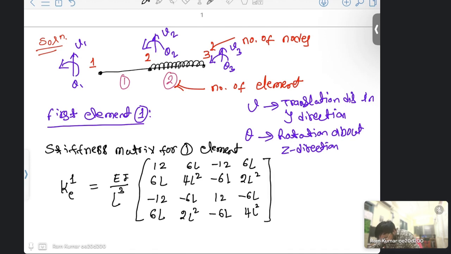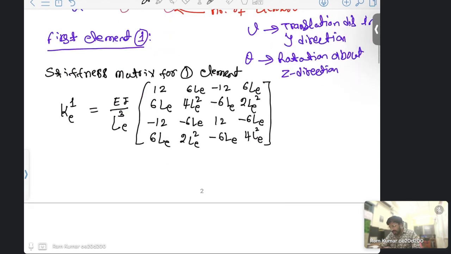So this is the element length L_e. Then what does E mean? E means the Young's modulus.